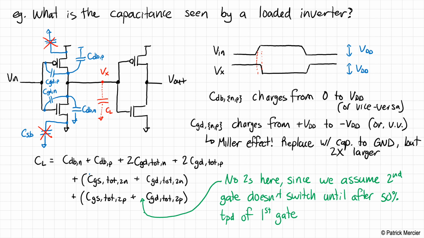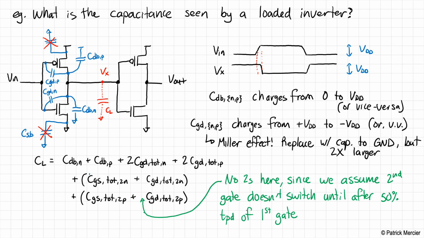Now that second gate, when we are calculating the capacitance at node Vx, is not going to start to transition until after Vx has reached that 50% point, at which point we don't care as much what its capacitance is. Okay, this is a little hand wavy.